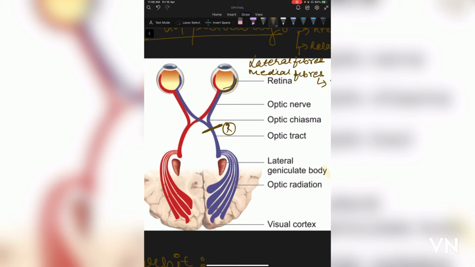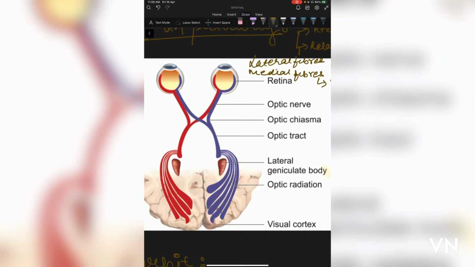So hemianopia of the right eye, but there will be medial vision loss in the left eye as well, because the optic tract is formed from the lateral vision fibers from one eye, and the medial vision fibers from the opposite eye as well. Similarly, if there is any lesion below the optic tract, a similar thing will happen.